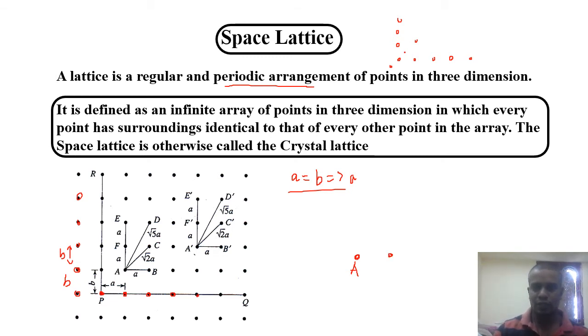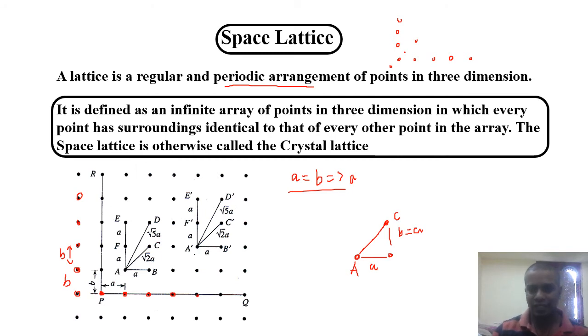Suppose I want to measure the nearest point diagonally, the point C. These are right-angled triangles. This distance is also a. Now the y distance is b, which is also equal to a.